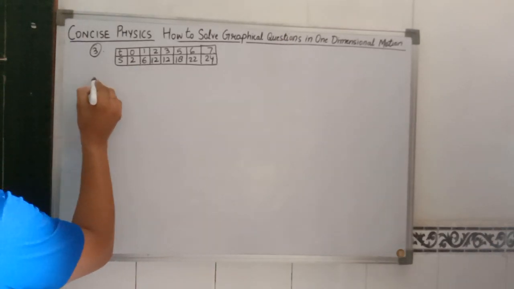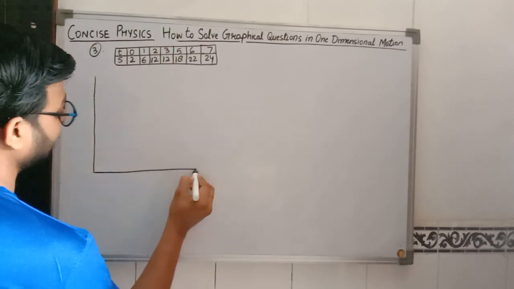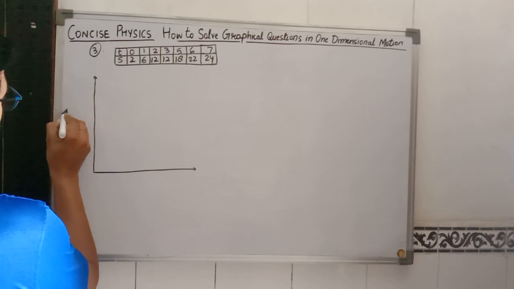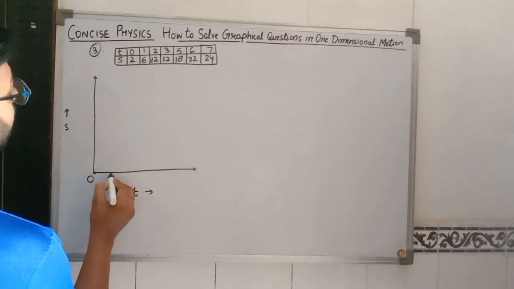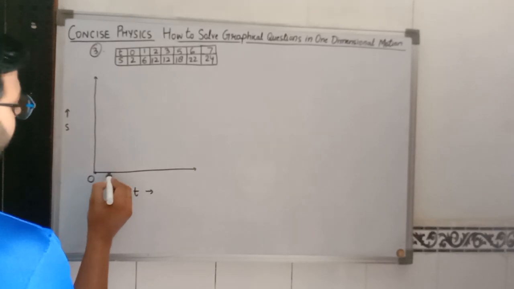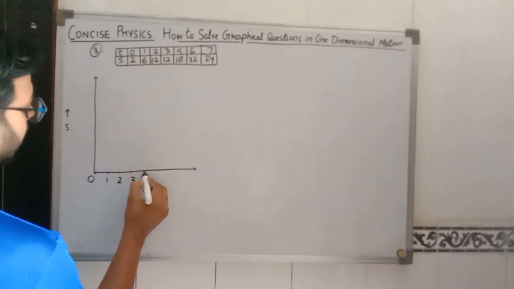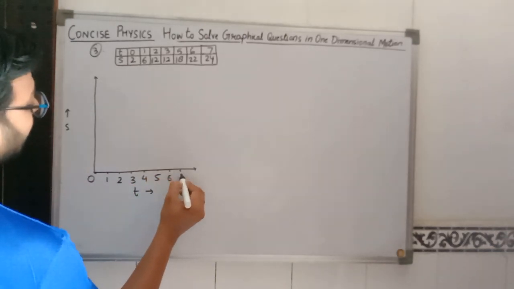So first of all we have to make the graph. Very carefully, this is the y-axis, this is the x-axis. Displacement goes here and time goes here. This is 0. Time is given in steps of 1, so 1, 2, 3, 4, 5, 6 and 7.